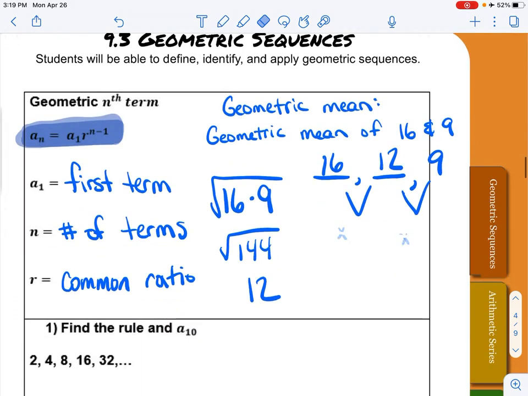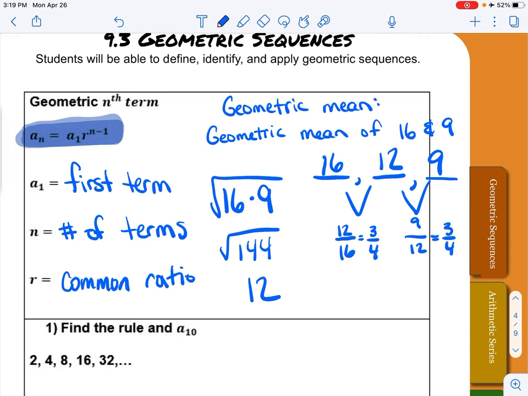Now, how do you find the common ratio? We're going to need this for the rest of the problems. So to find a common ratio, you go ahead and take the second term divided by the first term. Or you take the third term divided by the second term. They are a common ratio. That means these all need to be the same.